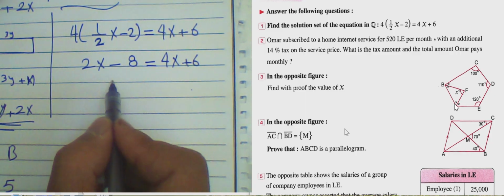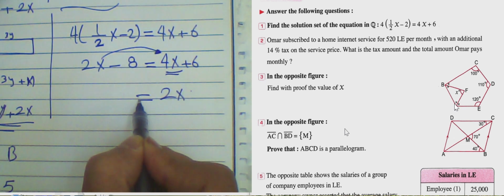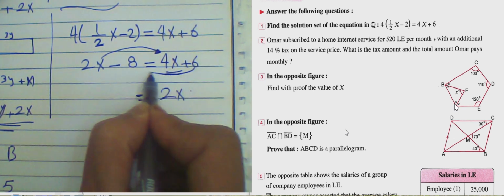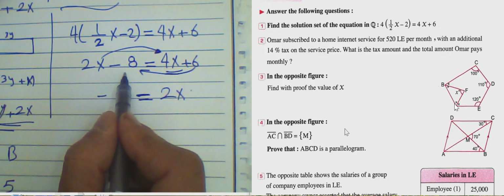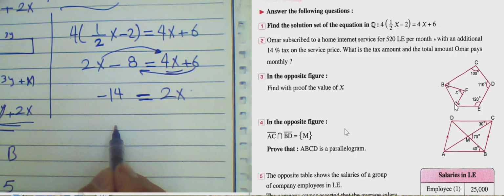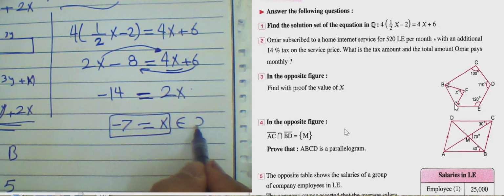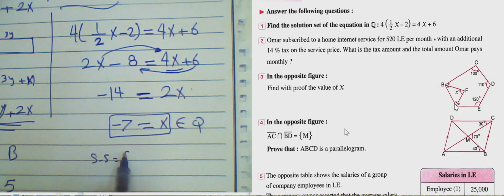We must move 2x here, subtract from 4x, it will be 2x, and -8 minus 6 will be -14. And then you can divide by 2, the coefficient of x. X will be equal to -7. The value of x equals -7, belonging to the rational numbers. Then the solution set will be the set of -7.